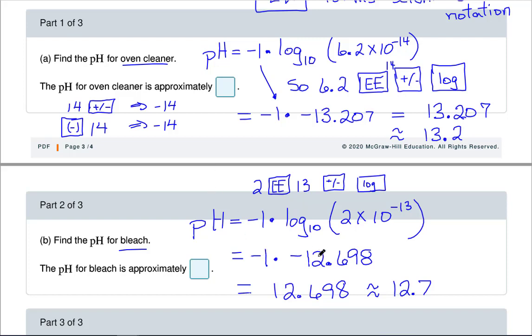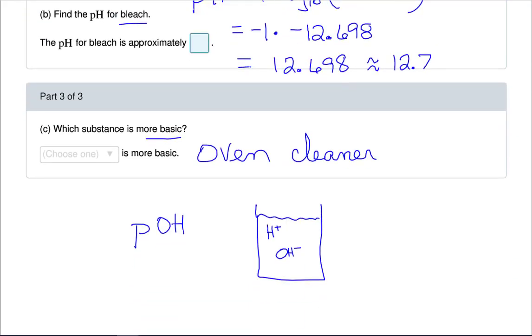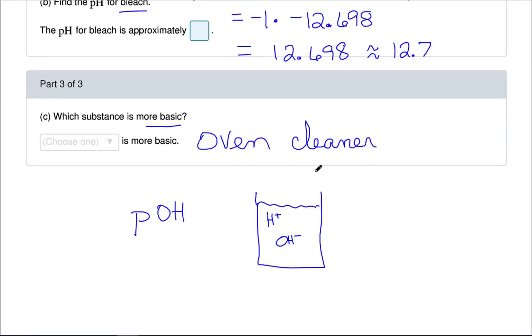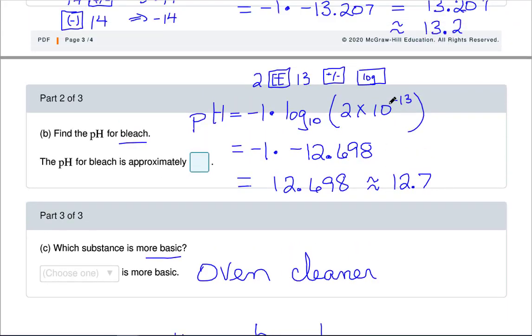So with a negative in front makes it positive, and we round it to 12.7. Which one is more basic? Well, we have 13.2 and 12.7. So the oven cleaner is a bigger number, and so it is more basic.